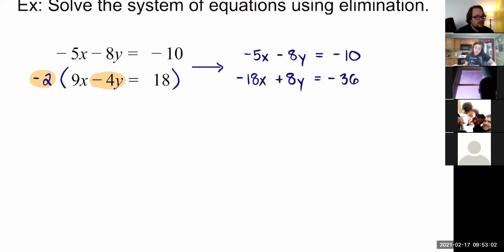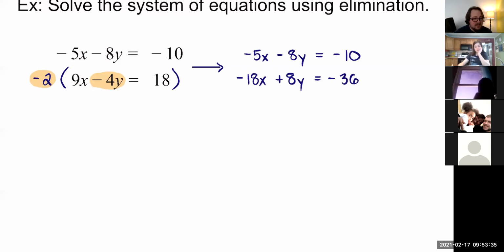Now, what usually makes people a little uncomfortable here is, well, I see this is still the first equation, but this doesn't look like the second equation anymore. It is. Everything has just been scaled out by a factor of 2, so everything is twice as big as it was before, and then the negative changed all the signs. So all the positive values became negative values, and the negative value became a positive value.